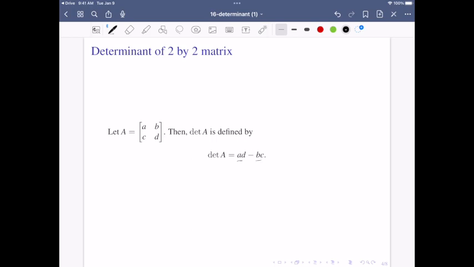That means the product of the diagonal minus the product of the anti-diagonal. From this formula, the determinant of A could be positive or negative. It's not necessarily a positive number. So remark: the determinant of A could be a negative number, less than 0.